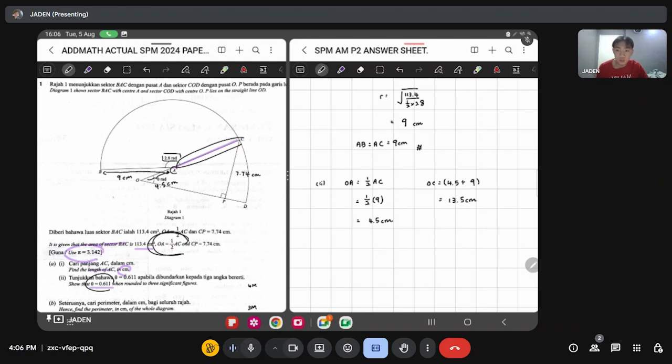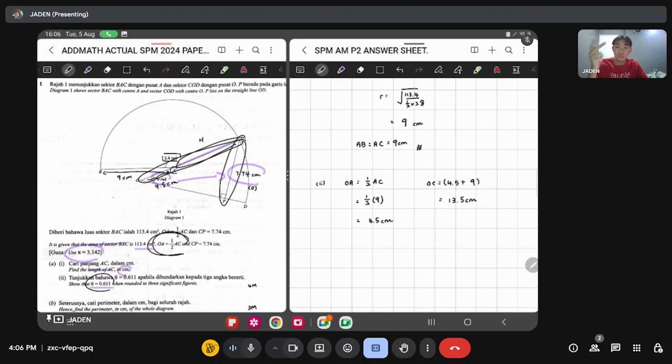Now you got your OC, and you are also given P to C, 7.74. If you want to get this angle here, you must think about the sine, cos, tangent that you learned previously. Sine, cos, tangent means you are given the opposite value, because this is opposite, and over here the line O to C is actually your hypotenuse.